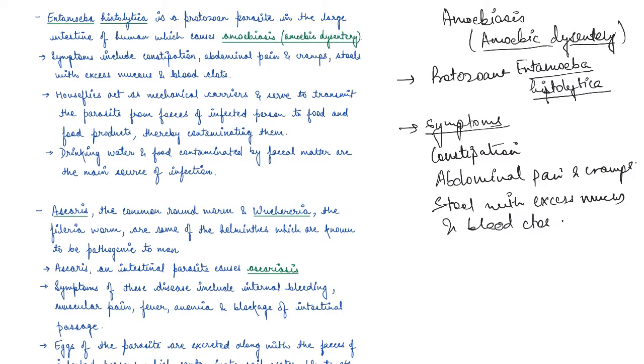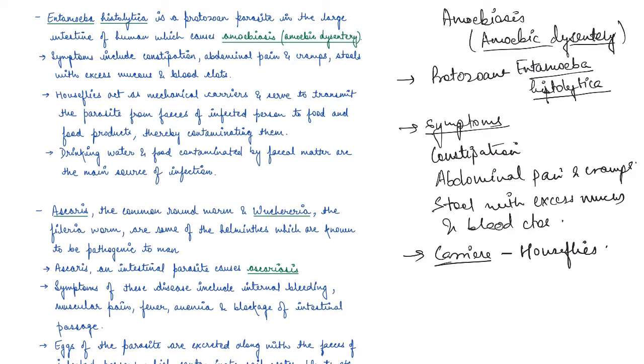So here, what is the carrier of the disease? The house flies. It is a foodborne disease, basically, guys. So house flies act as a mechanical carrier and serve to transmit the parasite from the feces of an infected person to food and different food products, and thereby contaminate the food and drinking water.